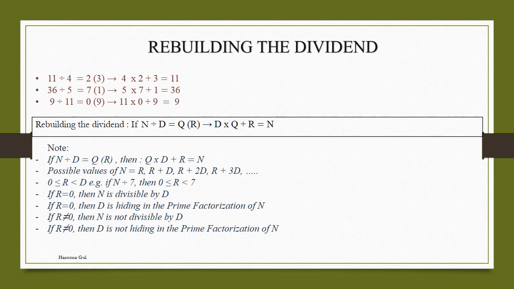That is, the divisor is hiding in the prime factorization of the dividend. If r is not equal to 0, then n, which is the dividend, is not divisible by d, that is the divisor. If r is not equal to 0, then d is not hiding in the prime factorization of n.